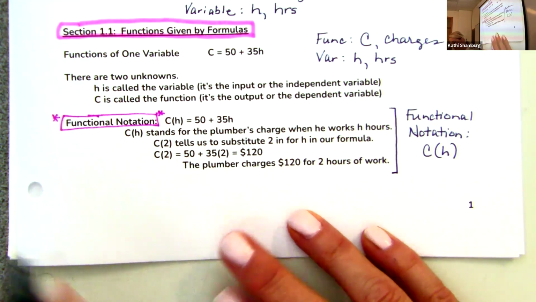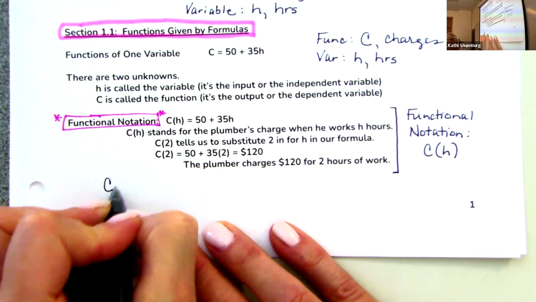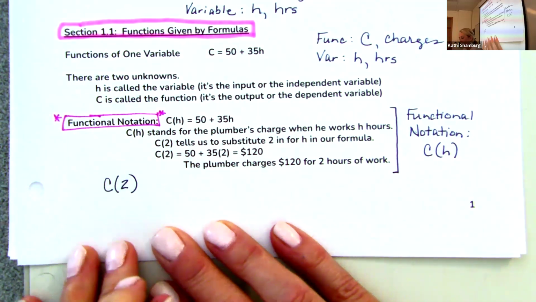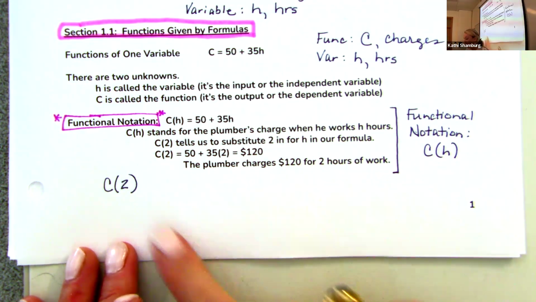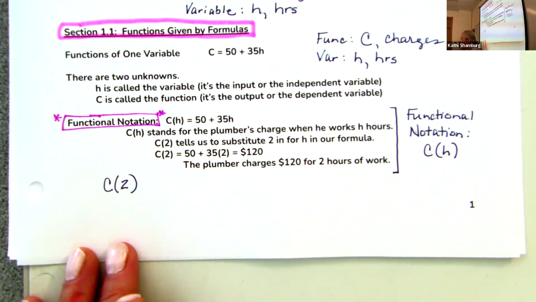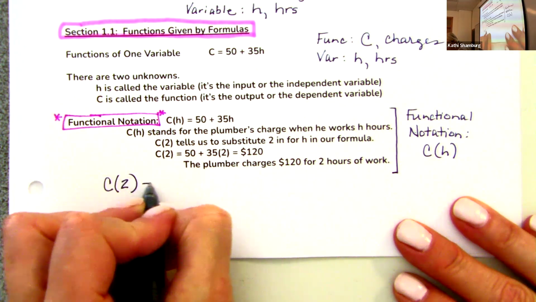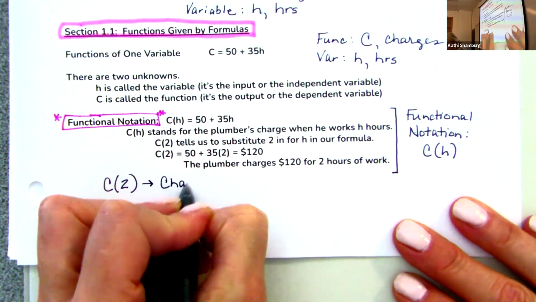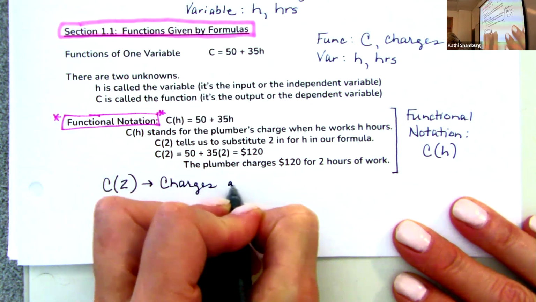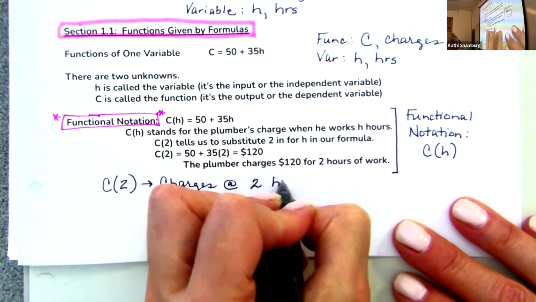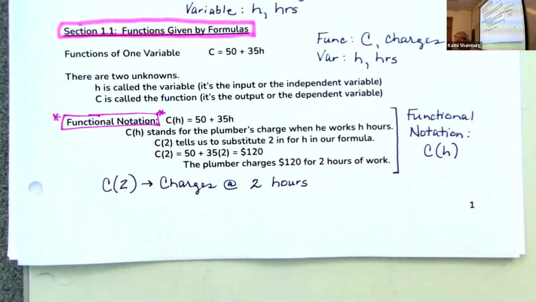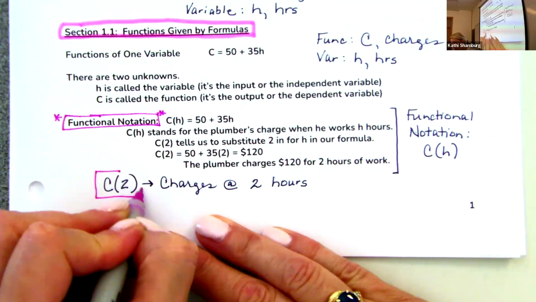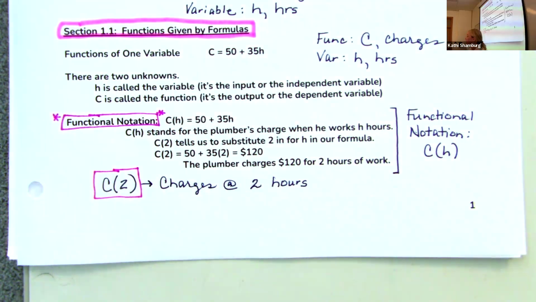Now, notice here, it gives you C(2). This is the functional notation with a value for the variable. So what does that 2 mean? 2 hours, right? So this actually means what will my charges be at 2 hours. If I asked you what is the functional notation, that would be all that you give.